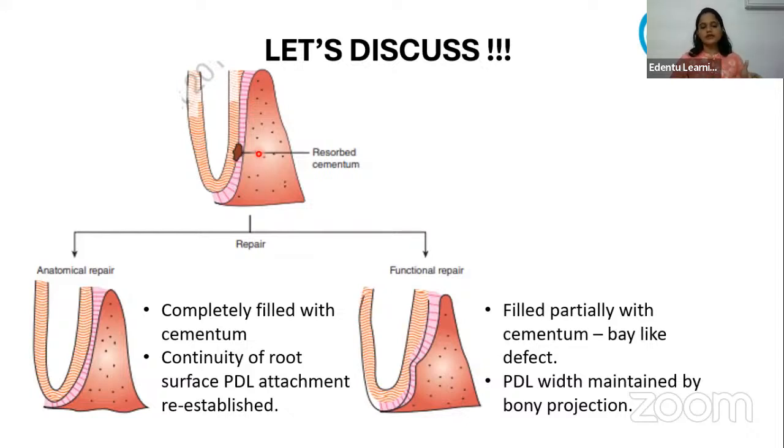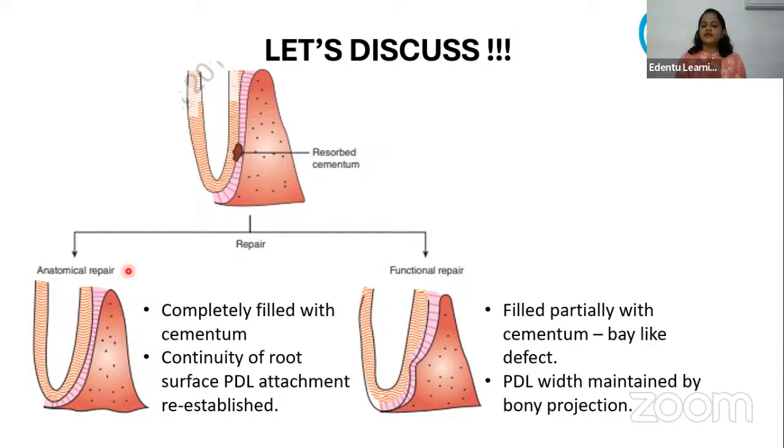In anatomical repair, if there is a defect, new cementum will be formed and the defect is completely closed. The new cementum completely fills the defect, so there will be continuity of the root surface, and the periodontal ligament attachment is not disturbed. It is continuous.